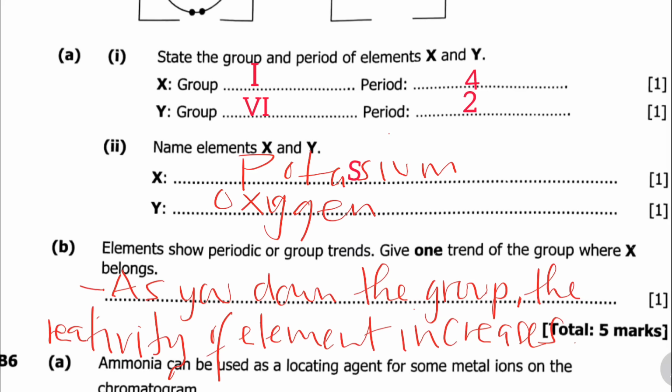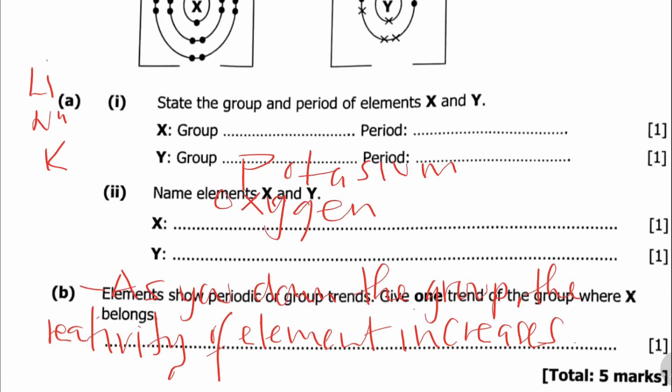So it means that in group 1 we have this lithium, sodium, potassium, rubidium, Rb, cesium, which is just the Cs, and francium, which is Fr.